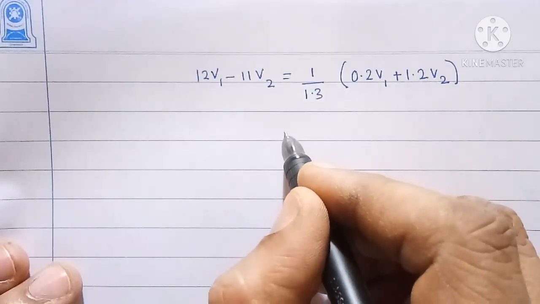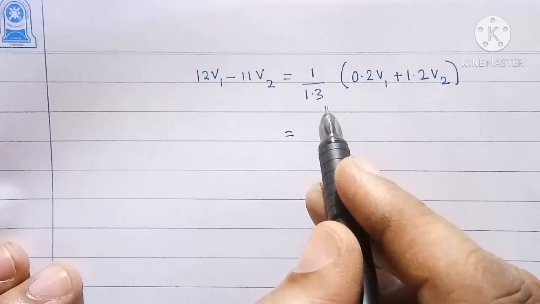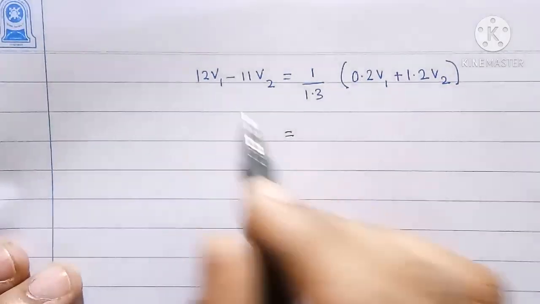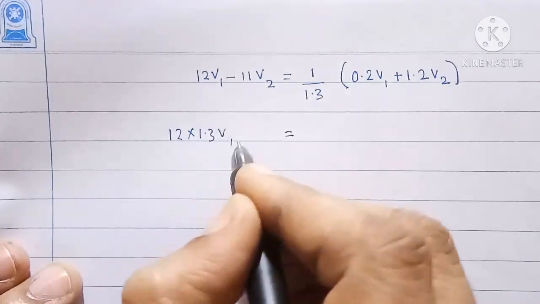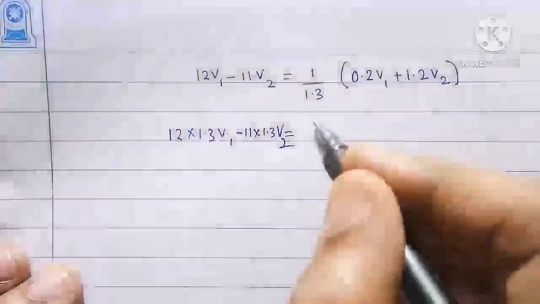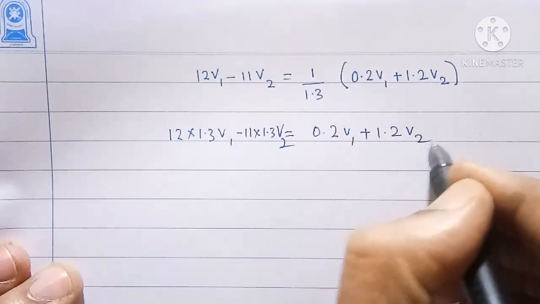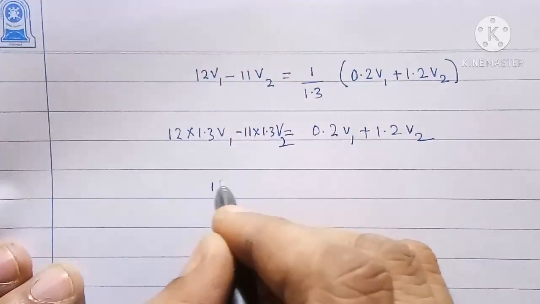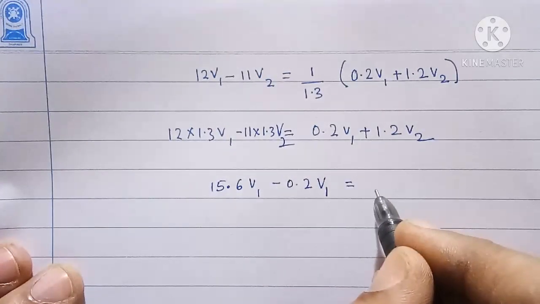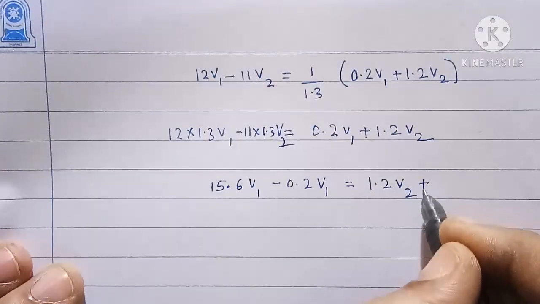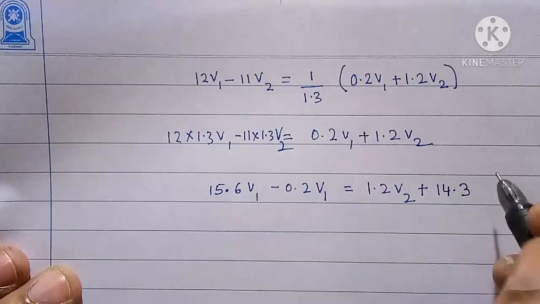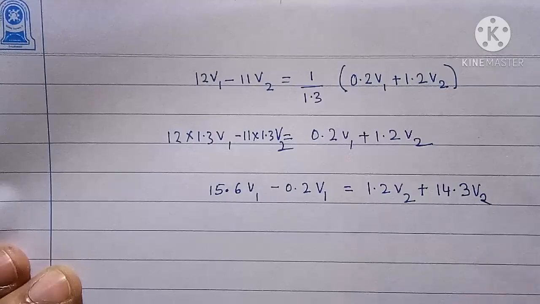Now simplifying, 12 into 1.3 V1 minus 11 into 1.3 V2, that is equal to 0.2 V1 plus 1.2 V2. 15.6 V1 minus 0.2 V1 equal to 1.2 V2 plus 14.3 V2.